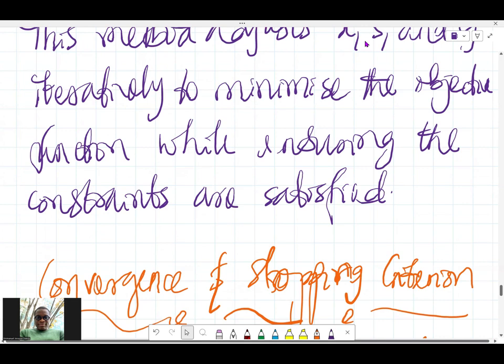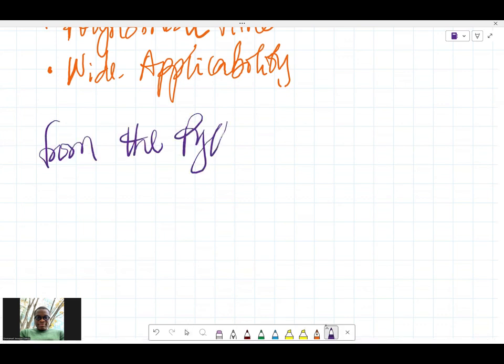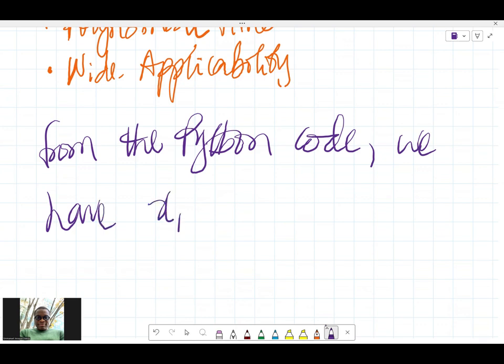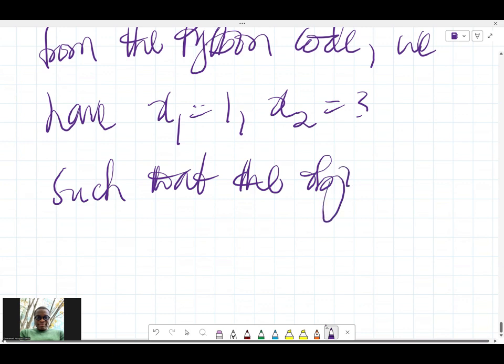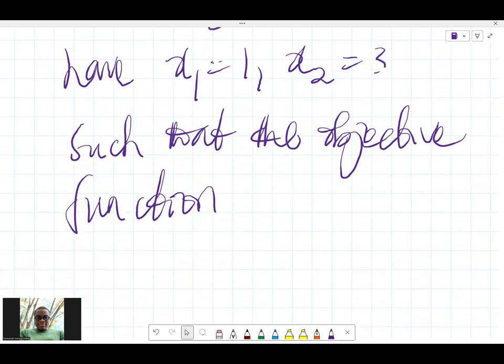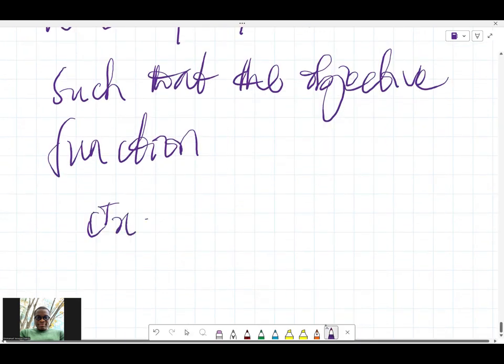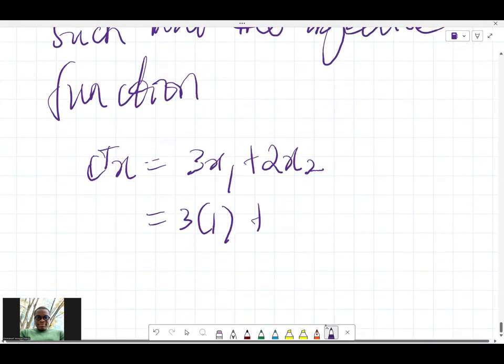Okay. So we can make that conclusion that the solution from the Python code is x1 equal to 1 and x2 equal to 3, such that the objective function c transpose x, which is 3x1 plus 2x2, is the same as 3 times 1 plus 2 times 3.